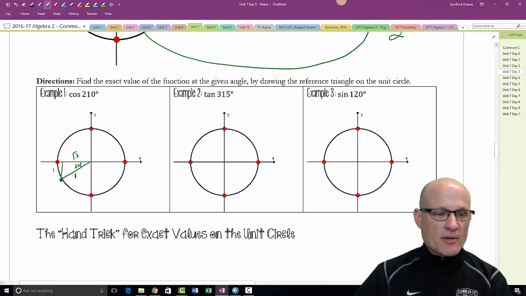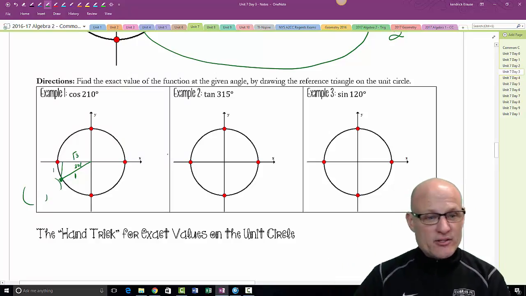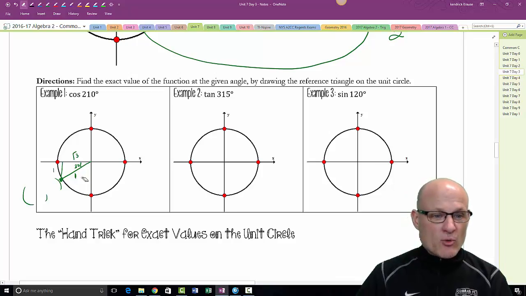So let's talk about the coordinates of this point. Remember, because we're in the unit circle, this was our diagram: 2, 1, square root of 3. But because this is the unit circle, I've got to divide this by 2, this by 2, and this by 2.